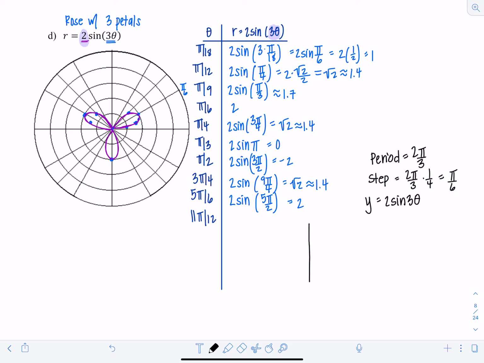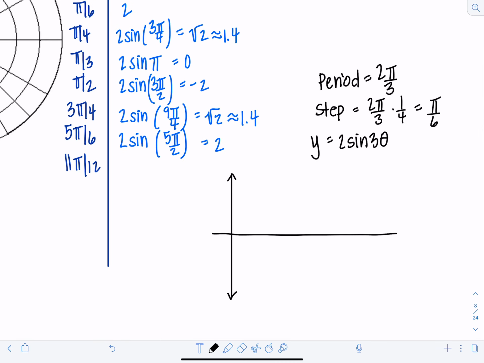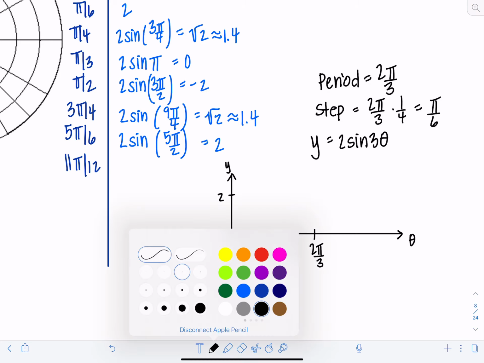And so I could graph this if I wanted. Amplitude is 2. And here's theta. And the step is pi over 6. So I'll have 1 pi over 6, 2 pi over 6, which is pi over 3, 3 pi over 6, which is pi over 2, 4 pi over 6, which is 2 pi over 3. And that's the period. And this is sine.